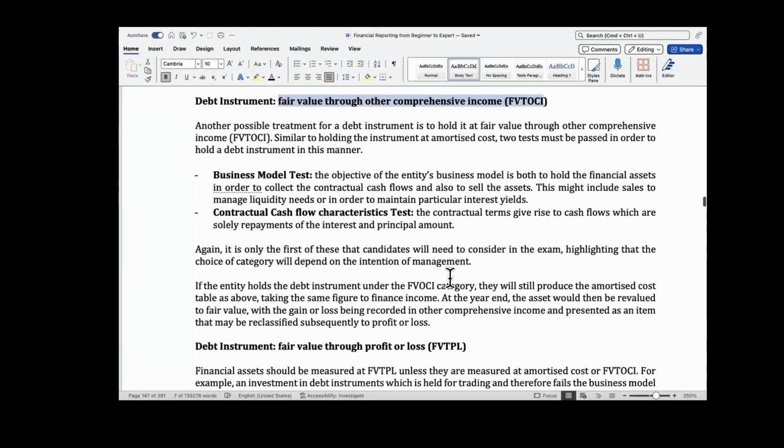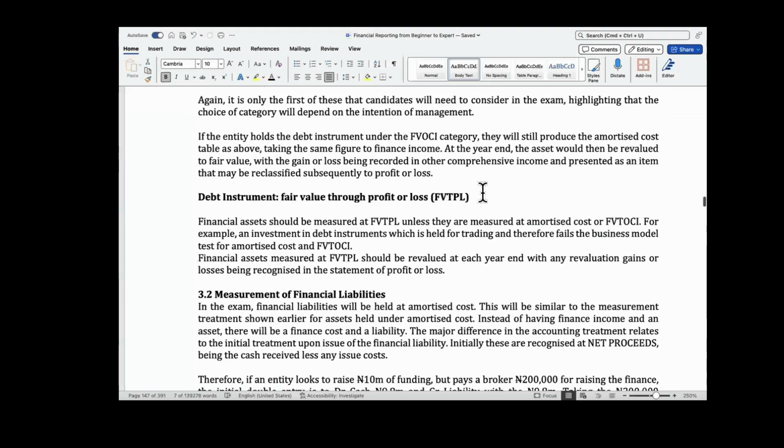The third one, which is fair value through P&L, is used when you cannot measure at fair value through OCI or amortized cost. So you measure at fair value through P&L when you cannot measure at fair value through OCI or at amortized cost. So you see, fair value through P&L is like a default classification.